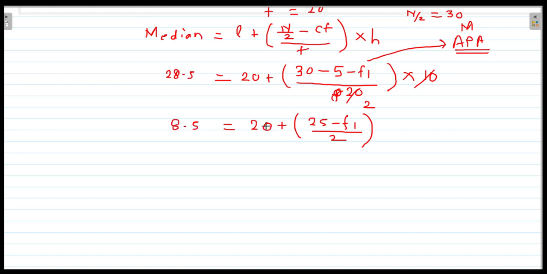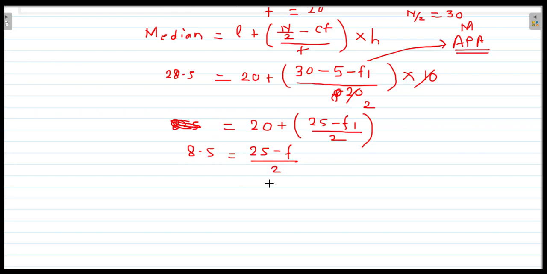So this is 8.5, which is equal to this, as we have taken 20 to this side and subtracted it from 28.5. So what will be left? This much will be left: 25 minus F1 upon 2.